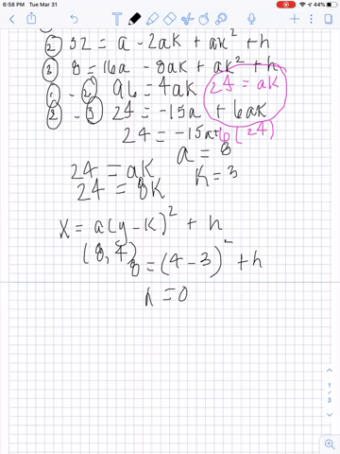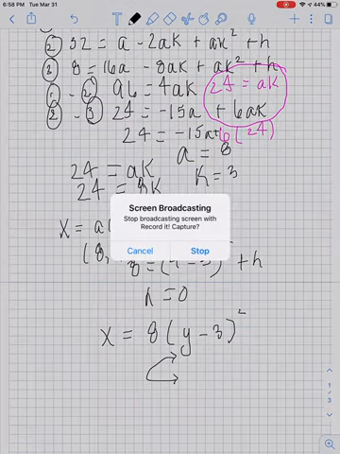So last step, the final equation: x equals a, which is 8, times the quantity y minus 3 squared. And just so you know, this parabola opens to the right because a is positive, and this is a very skinny parabola because a is 8. All right, everyone, hope that helps.